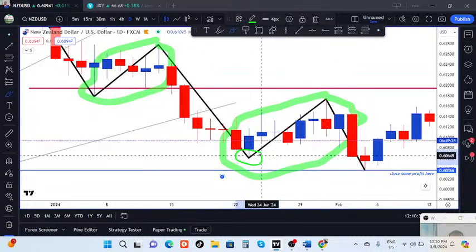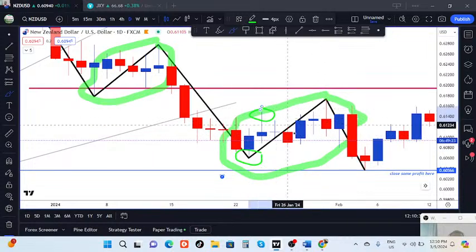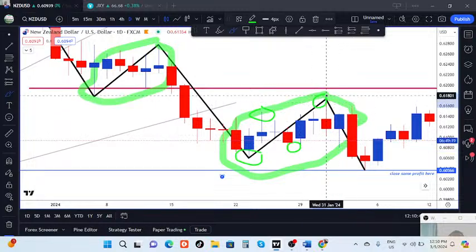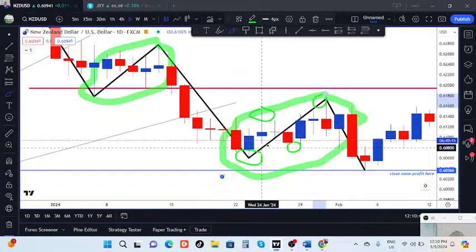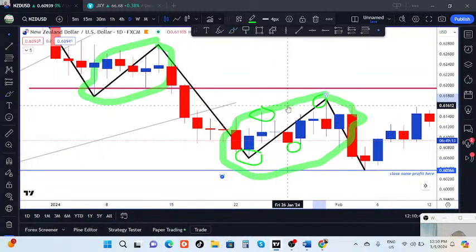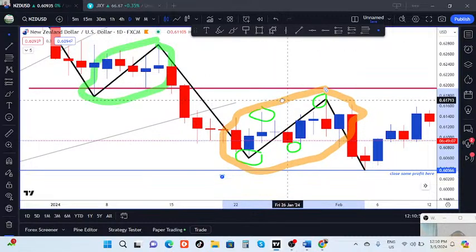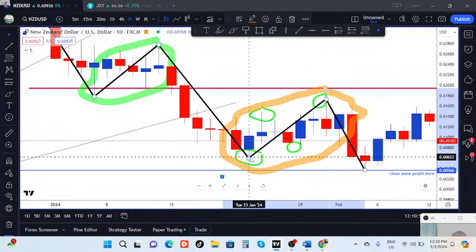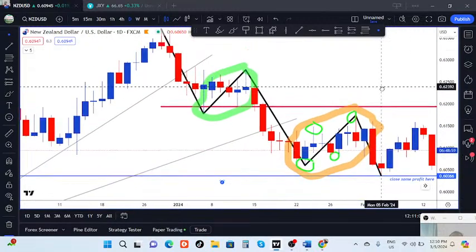This high, this low, and this high are relevant. Why? Because we have a short-term trade inside this second circle, this orange circle. We have a short-term trade inside of these highs and lows of this downtrend, okay.